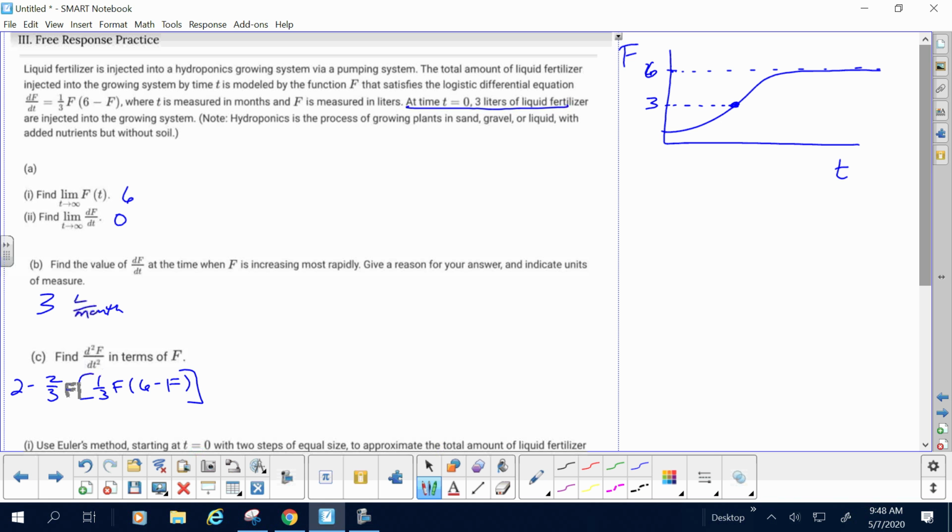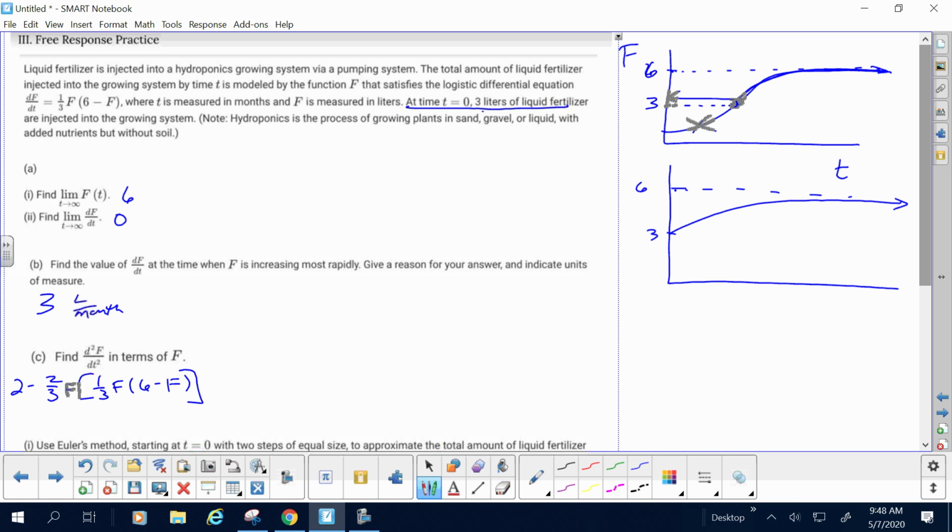But in this case, they say at time 0, you're already at half the carrying capacity. So my graph only had this part, and I said at time 0, it's already at that idea here, all right?